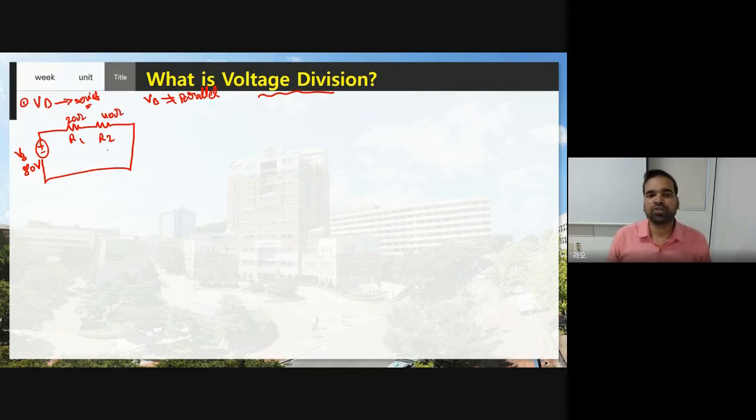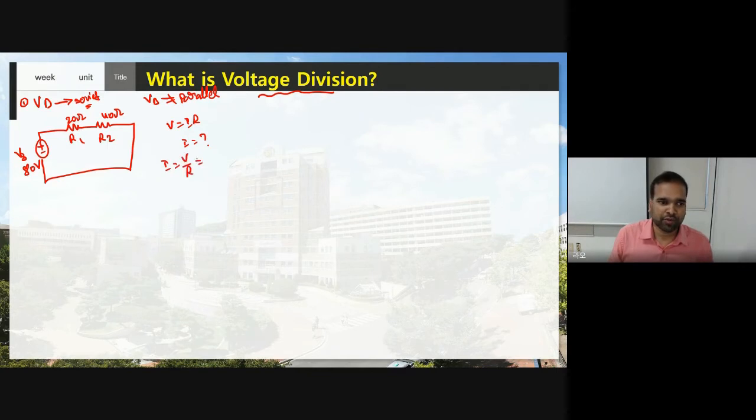Now I want to know the voltage drop at R1 and R2. How can I find that? Simple, Ohm's law, V equals IR. If I know the current, I can find the voltage drop at R1 and R2. So how can I find the current? I equals V by R.